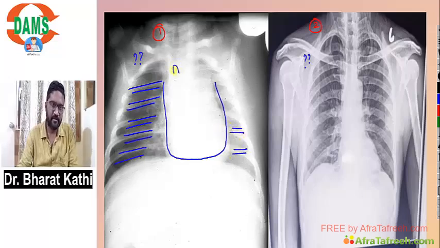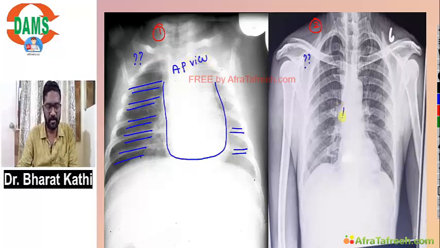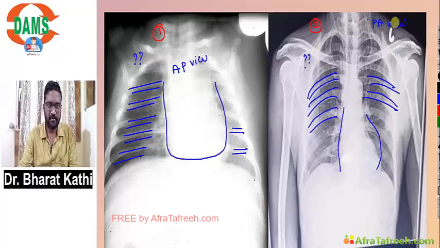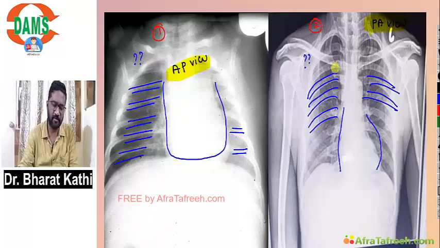So this is AP view. Whereas here the heart has a proper contour and the ribs are in a curved plane. So what is number 2? This is PA view. So this is AP view and this is PA view.